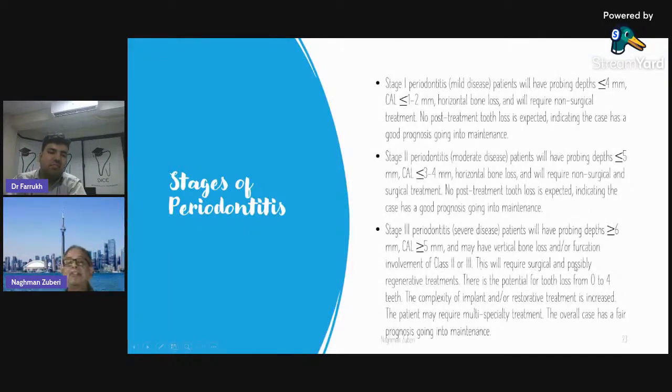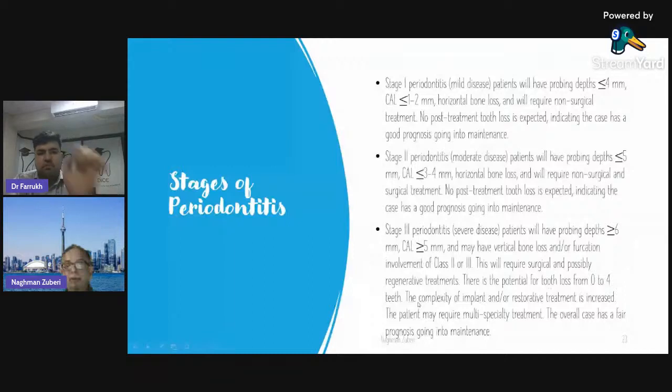This will require surgical and possibly regenerative treatment, guided bone regeneration. There is the potential for tooth loss from 0 to 4 teeth. Could be no loss, but maybe up to 4 teeth lost.